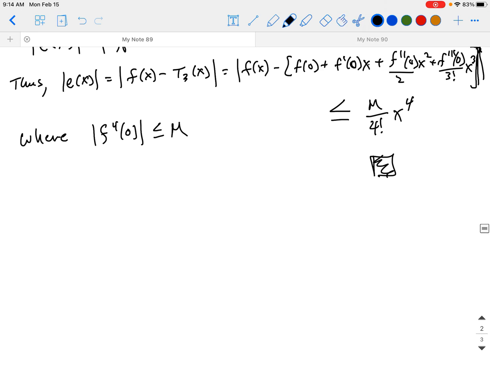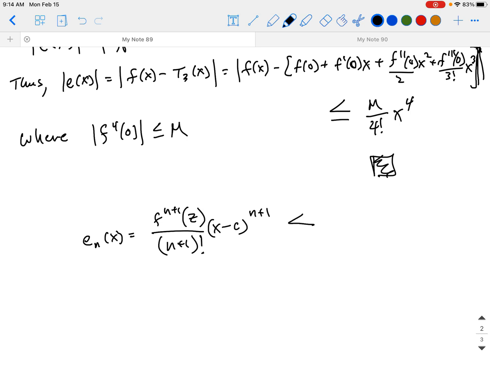So again, the general idea is that e sub n of x, the actual error, is this expression: the n plus 1 derivative at some value z over n plus 1 factorial times x minus c to the n plus 1.